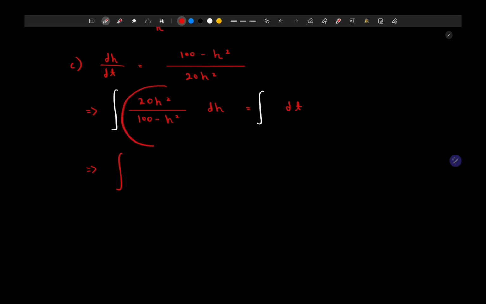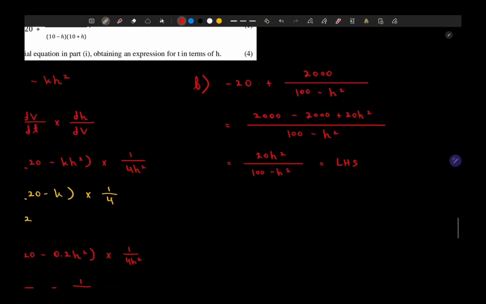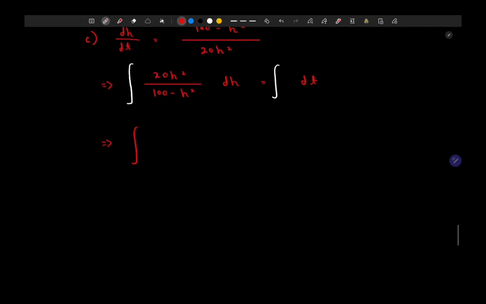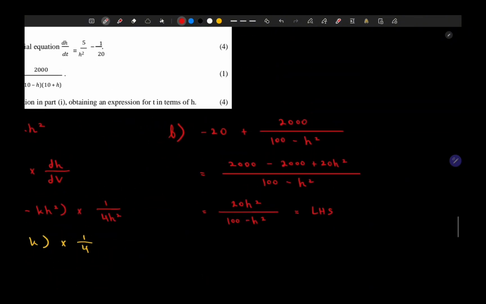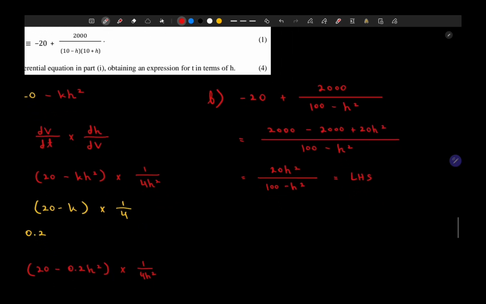Now integrating this will be much harder, but we can write it in this format. That is negative 20 plus 2000 over 100 minus h squared.